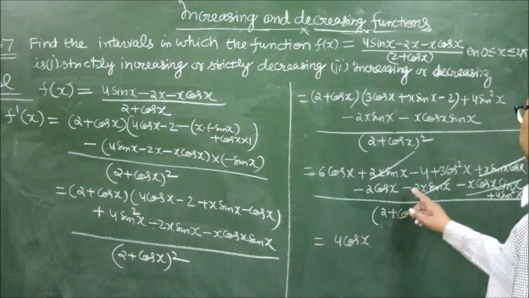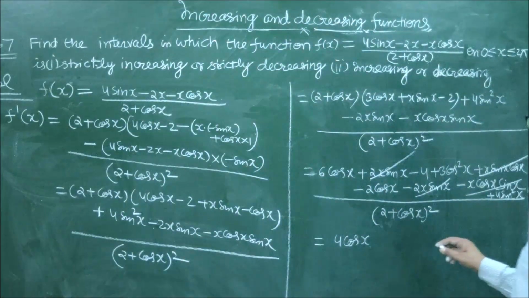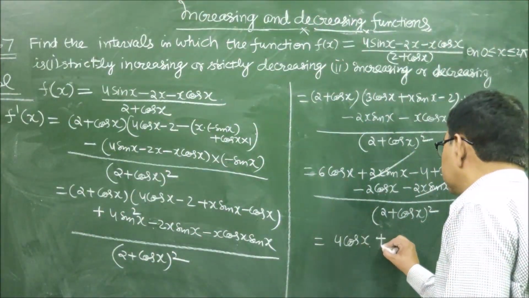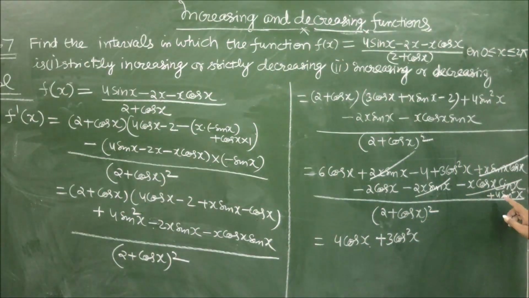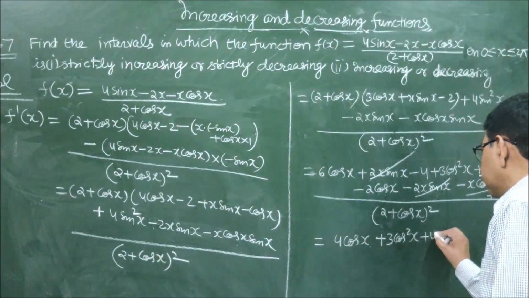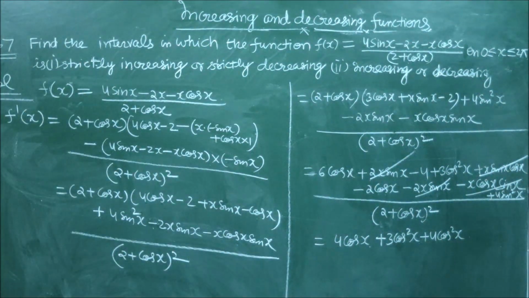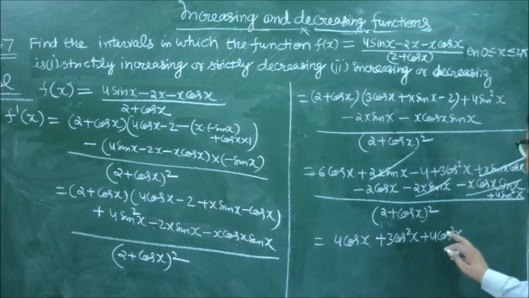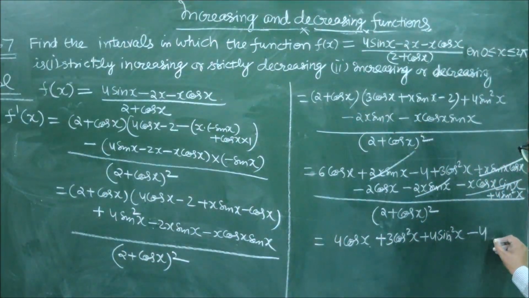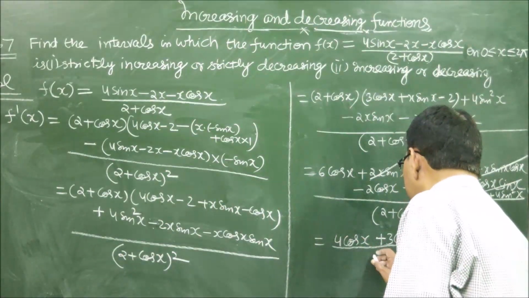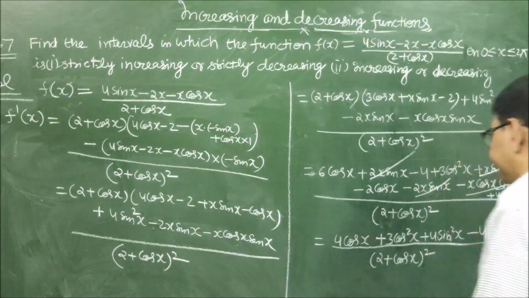So 4 cos x plus 3 cos square x plus 4 sin square x minus 4 upon (2 + cos x) whole square.